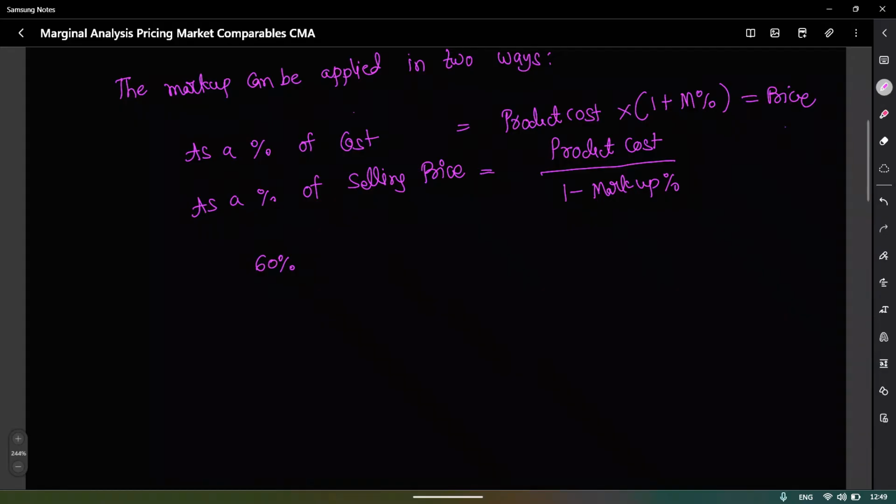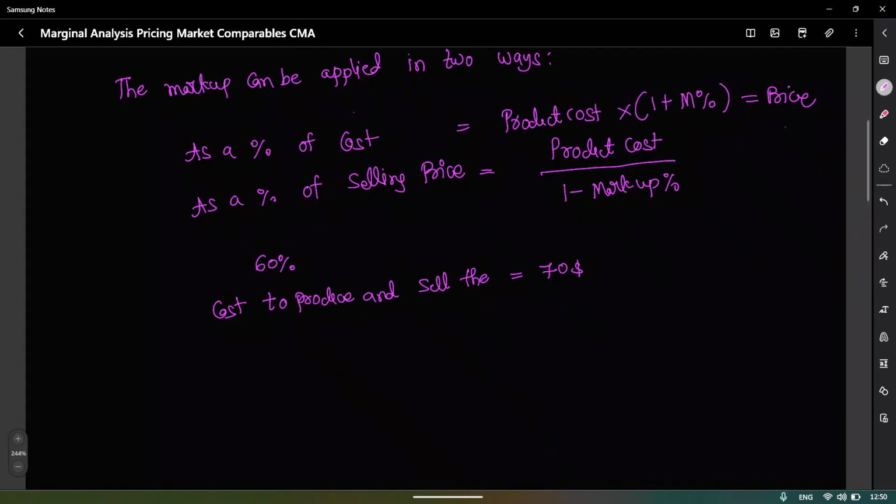The cost to produce and sell the item is $70. So this is the product cost, correct?